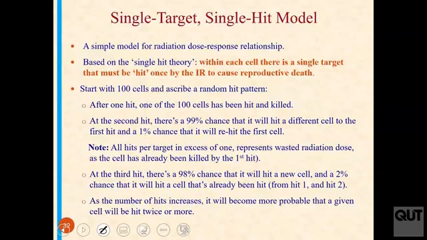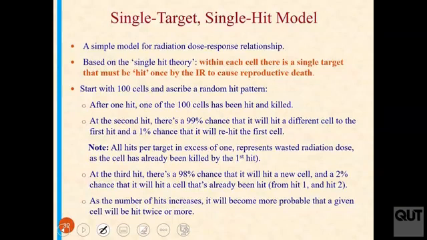Then we send in a second, say X-ray, and on the second hit, there's a 99% chance that it will hit a different cell to the one that the first hit, and a 1% chance that it'll re-hit the first cell. And as we increase the radiation dose or increase the number of X-rays, this is going to change and change.